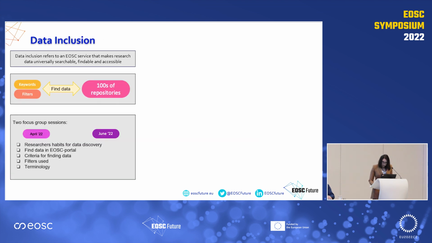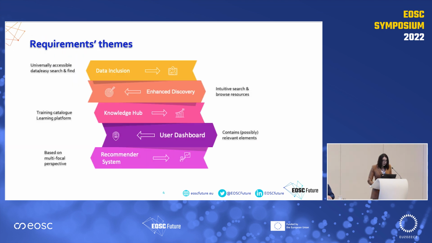And then we have the user dashboard, which is a user-centric space which includes elements relevant or potentially relevant to the user activity in the front office. And then we have finally the recommender system, which provides recommendations concerning resources, be those data, services, training, projects, whatever, that could be of interest to the user, and it is based on a multifocal perspective.